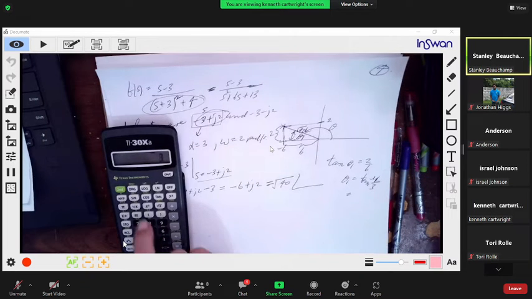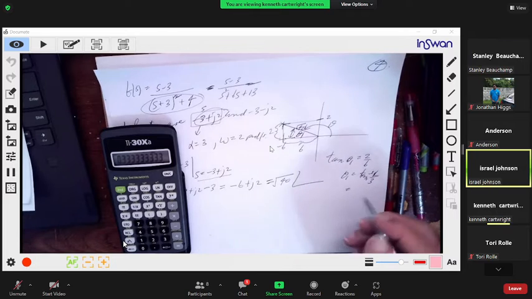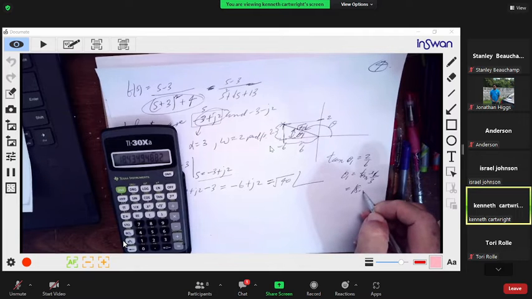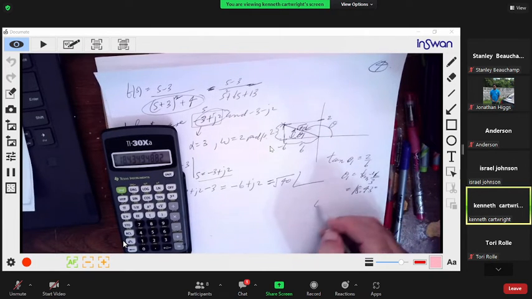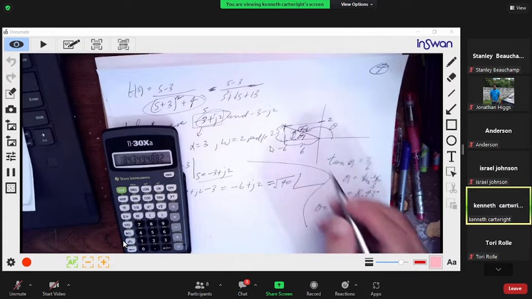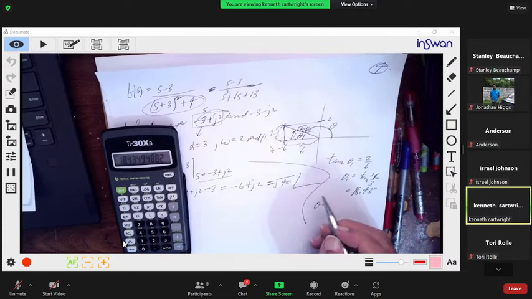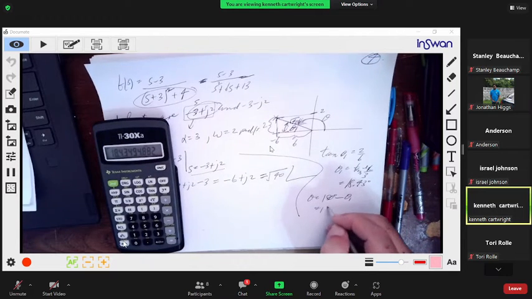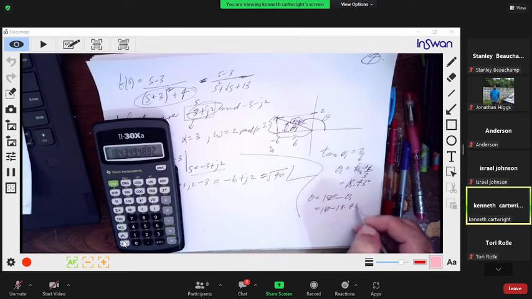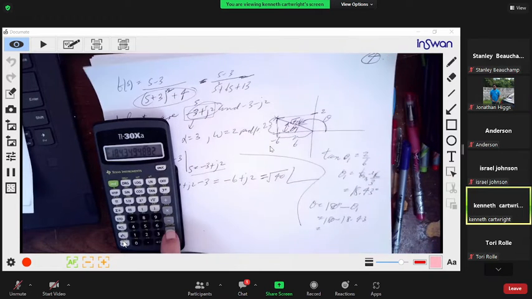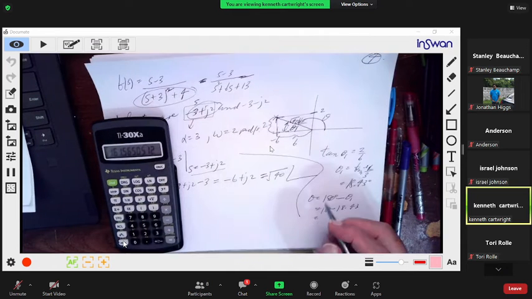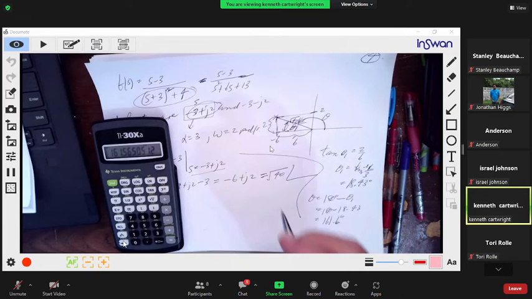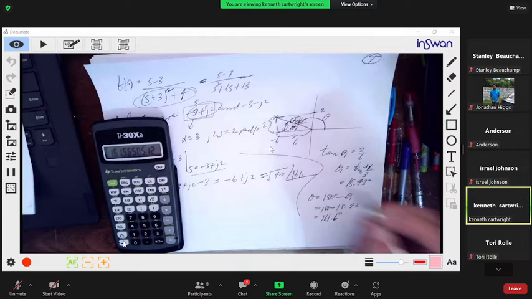You could just subtract 180 from that angle you get and get the angle you want. Thank you very much. So theta 1 is 18.43 degrees. The angle we want is theta, this angle here. And clearly that angle is 180 minus theta 1. 180 minus 18.43 is 161.6 degrees.